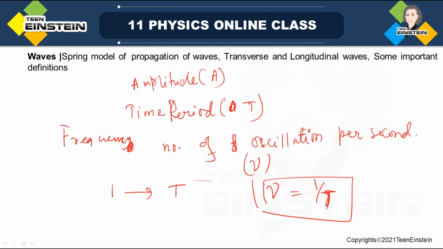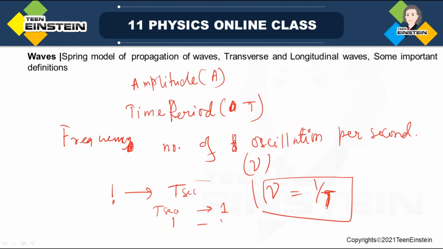We know the frequency is actually the number of oscillations per second, and this is one complete cycle in T seconds. So T seconds is taken by the wave to complete a full oscillation.